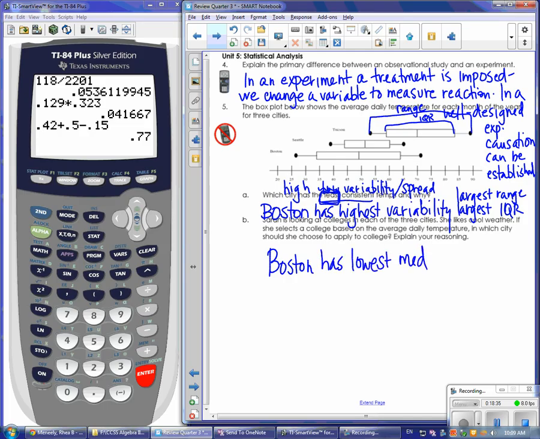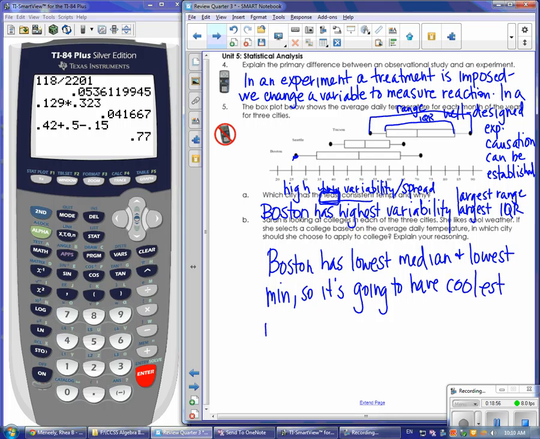It also has the lowest minimum. So it's going to have the coolest temperatures on average. Okay, so Boston has the coolest temperatures, and it also varies the most.